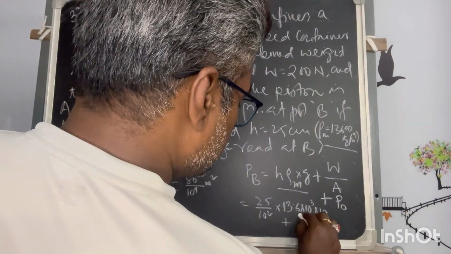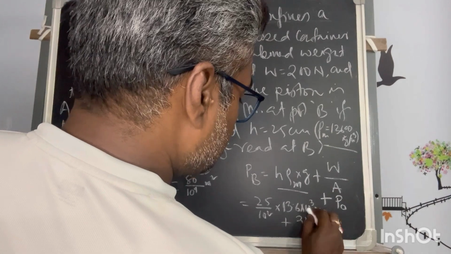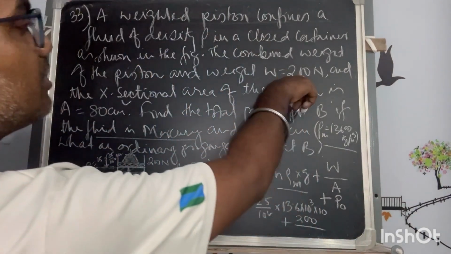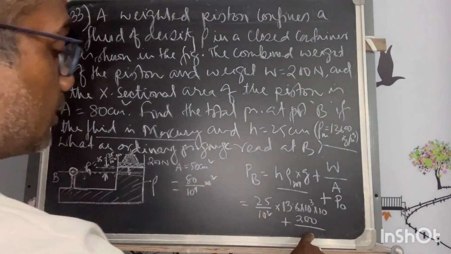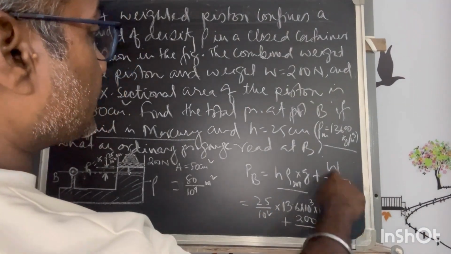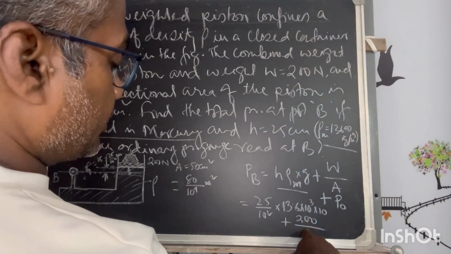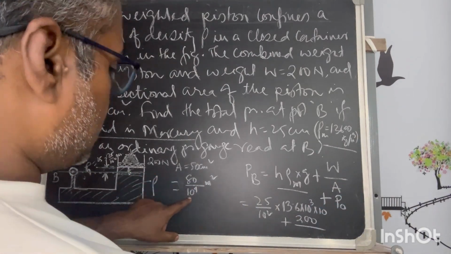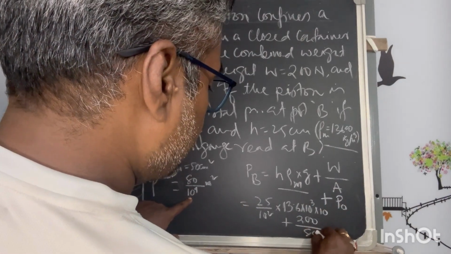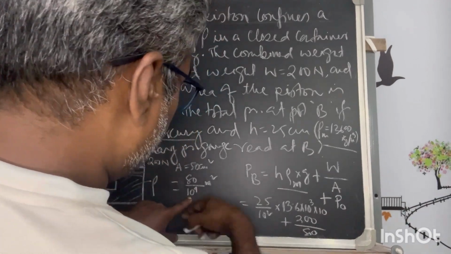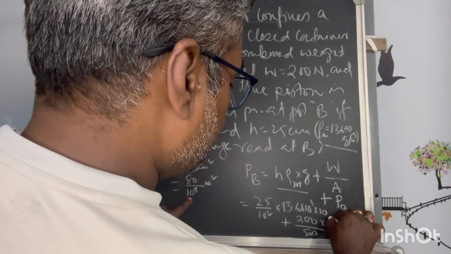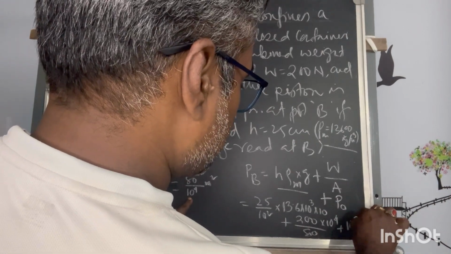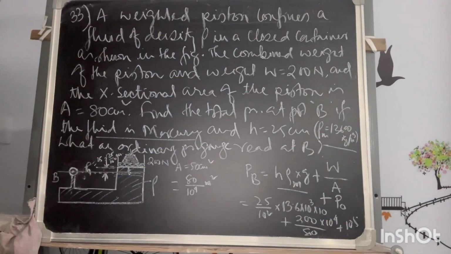So that means 200, and this is in SI unit, so no need of change. The area, if I take in meter square, gives Newton per meter square, so that is converted into meter square: 80 divided by 10 to the power 4, plus 10 to the power 5 Pascal for the atmospheric pressure.